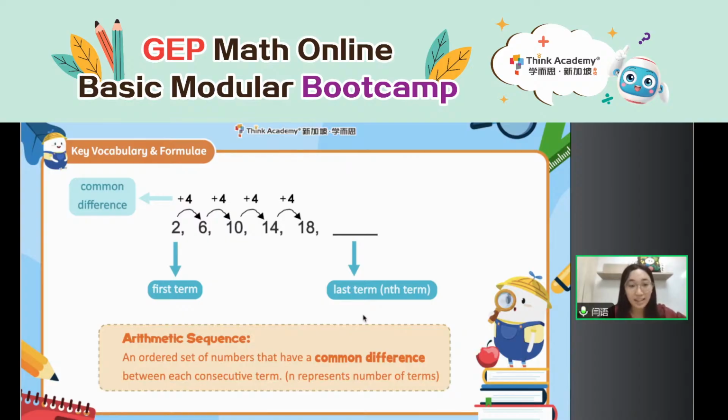It is an ordered set of numbers that have a common difference between each consecutive term. Here, the letter N represents the number of terms. For example, the value of 6 means N equals 6, and the 100th term means N equals 100, okay?